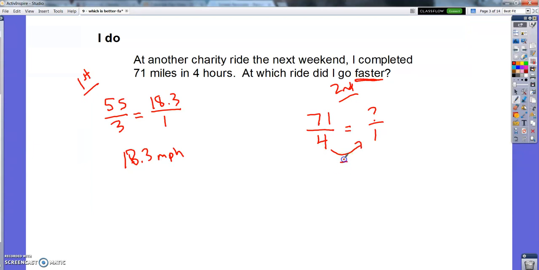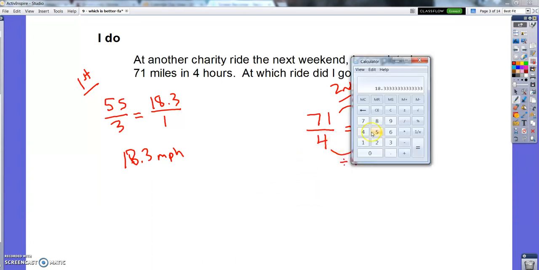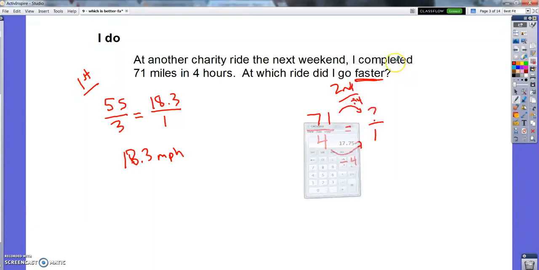So I'm dividing by 4 here, so I need to divide by 4 in my numerator. 71 divided by 4 is 17 and 75 hundredths. So over here, I went 17 and 75 hundredths miles each hour.